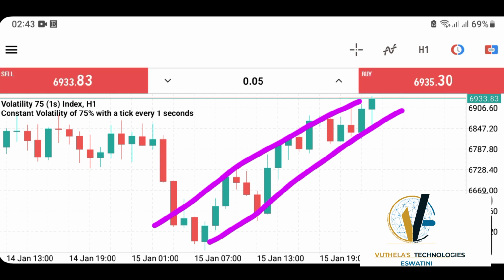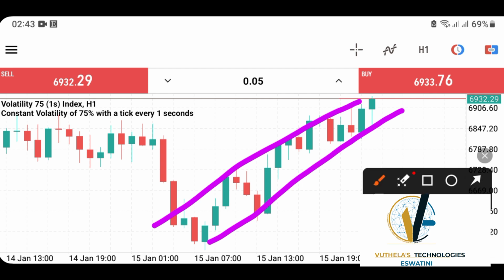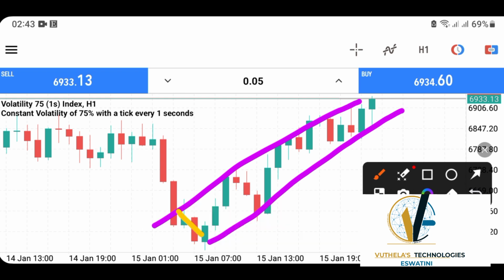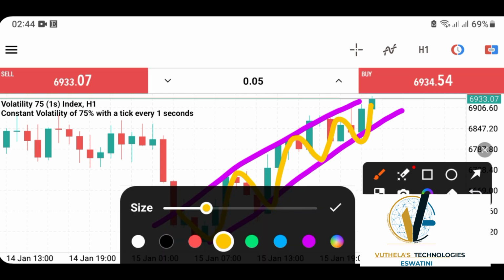Like I'm telling you, the market will always respect the road. So if you want to understand how the market moves, you should know how to identify its road. For instance, here the market has been moving, it's an uptrend, but in the road. So once you understand how to identify these levels, you are good to go, because here you can seek an entry.